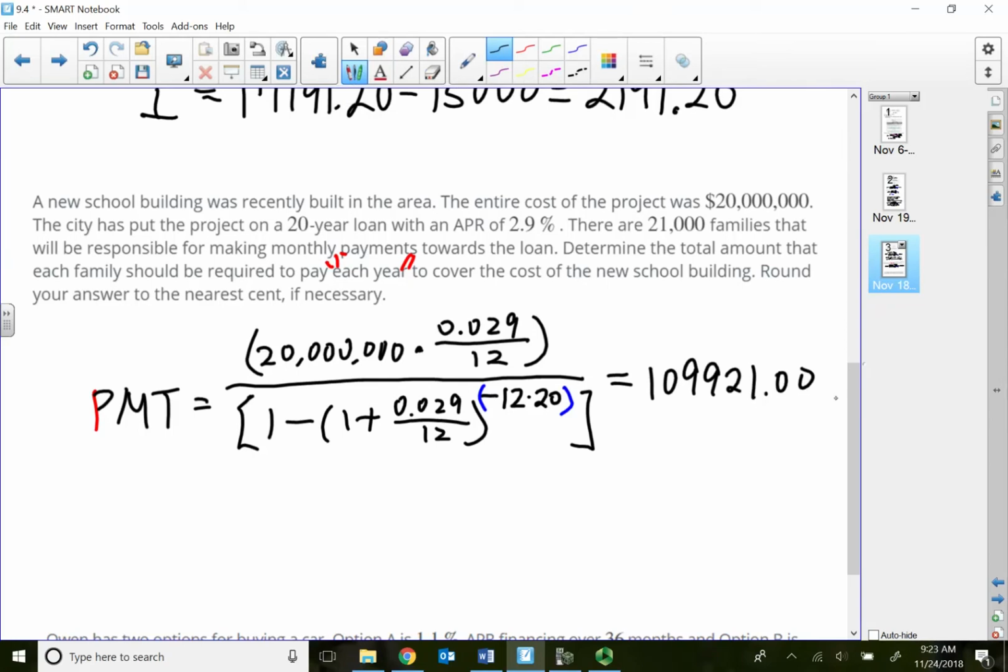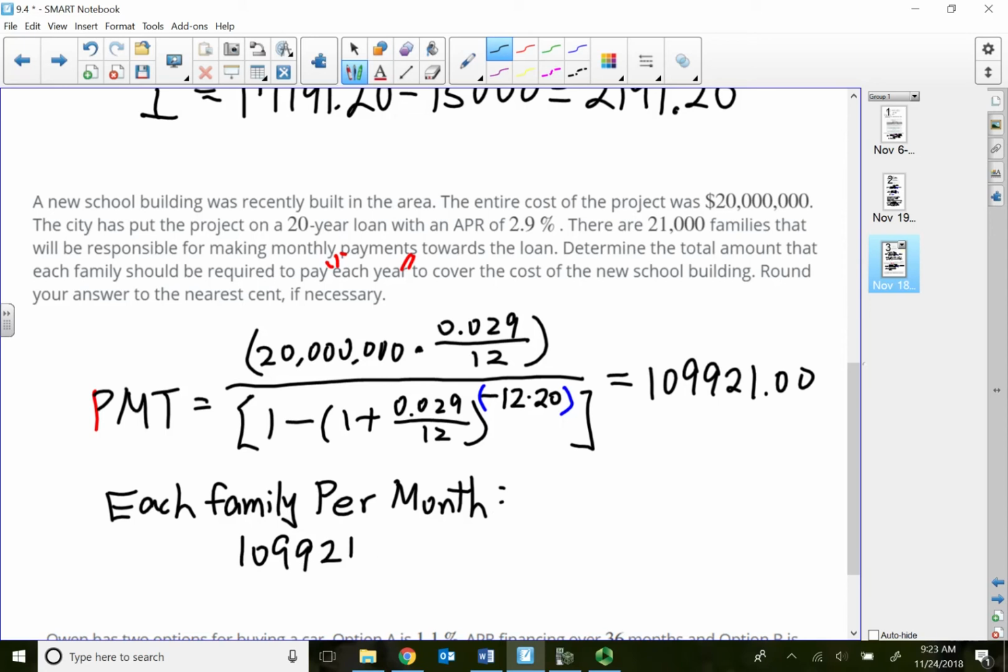So this is for every month. This is for one month. So each family per month is responsible for $109,921 divided by 21,000 families.